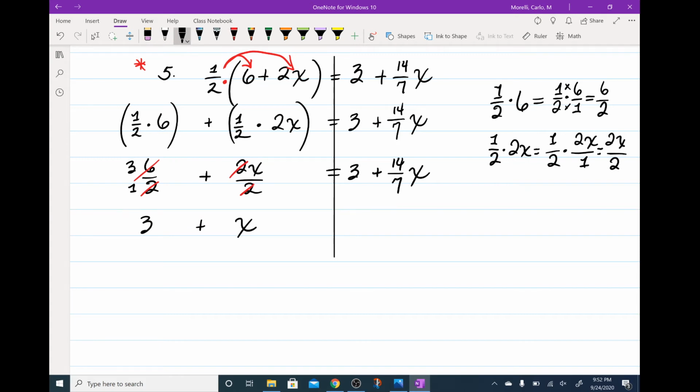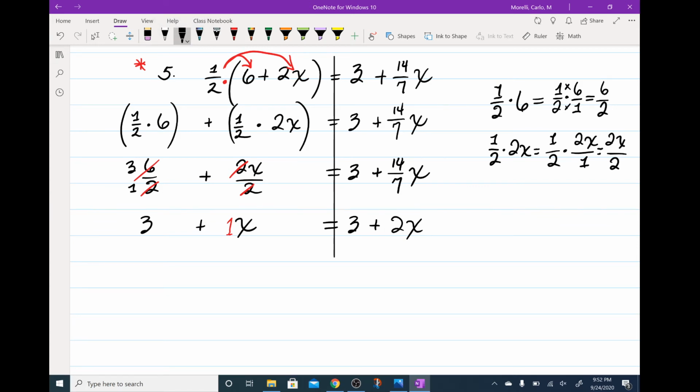So I just write x: 3 plus x equals 3 plus, now 14 divided by 7 is 2. So this is 2x. Now here I tell my students, go in here and put a 1 next to the x over here. It's going to help you avoid a potential issue.